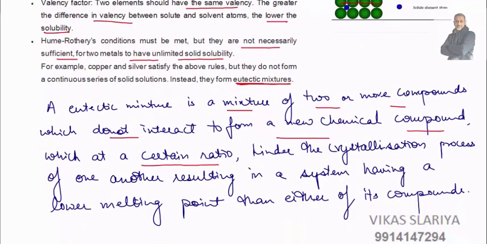Okay, so this is what is called a eutectic mixture. So it has a lower melting point than any of its compounds.